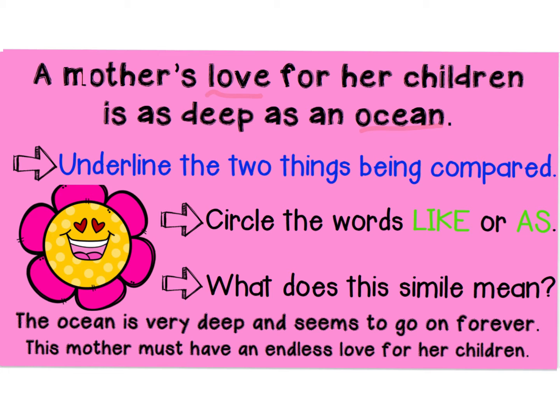We're also going to circle the words like or as. Our simile has as in it, so we're going to circle as. And if I think about what this simile actually means, the ocean is very deep and large and it goes on forever. This mother must have an endless love for her children. Her love for her children is very large.